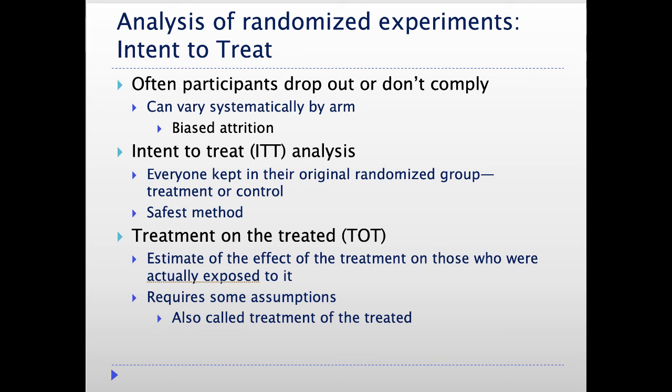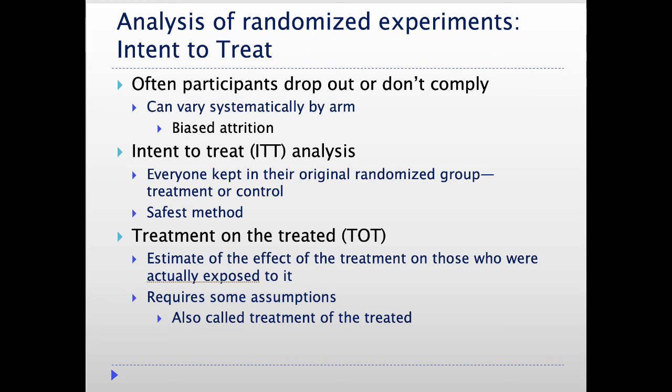So the thing is, it's not random who made use of the vouchers and who didn't move, right? The whole point of the randomized experiment was to get rid of the self-selection between the people who moved to a not poor neighborhood and the ones who stayed in the poor neighborhood.